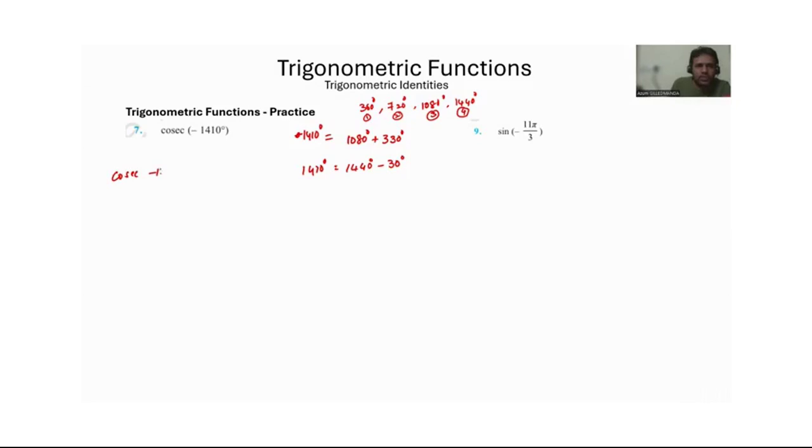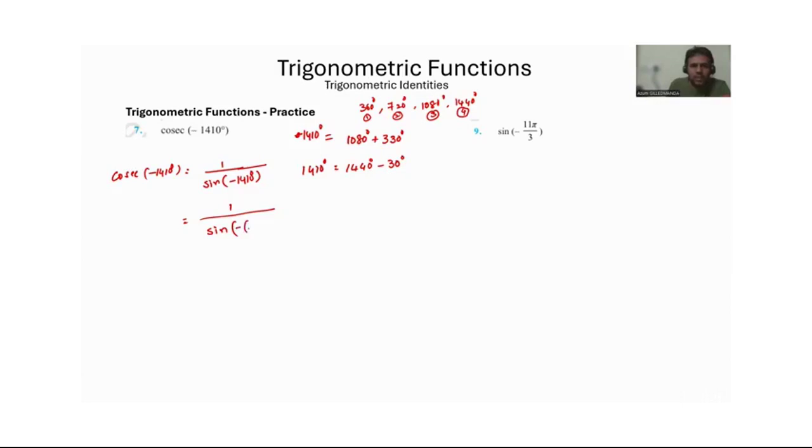So cosecant of minus 1410 degrees, solve this as 1 by sine of minus 1410.